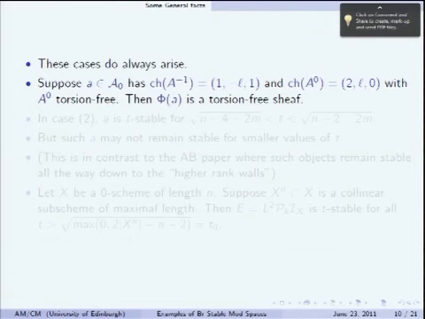Now, remember, this case only can arise when n is 5. And when n is 5, let me just get a little bit of chalk. When n is 5, the Chern character we're interested in is (1, 2l, -1). And when you apply the Fourier transform to this, you get the same thing.